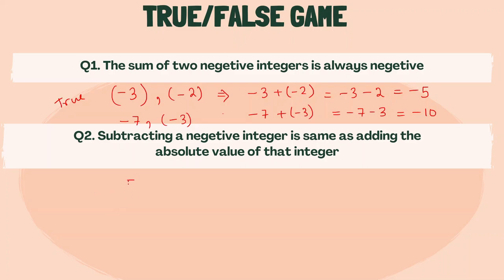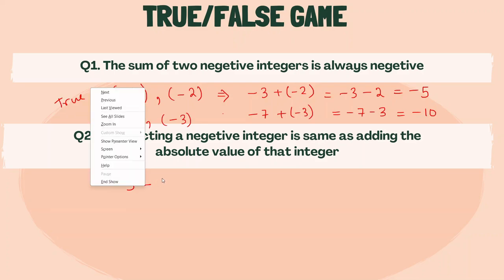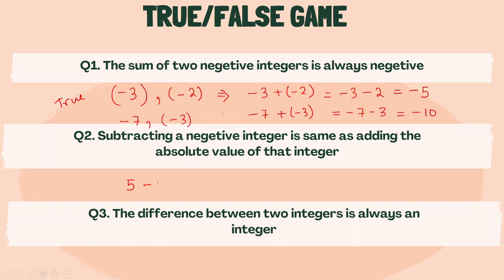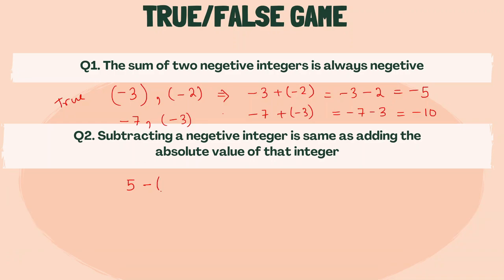Let's take an integer 5 and let's subtract from it another integer which is negative, like minus 3. So it becomes 5 minus minus, which is always plus, so plus 3 equal to plus 8. This is the subtraction of a negative integer.